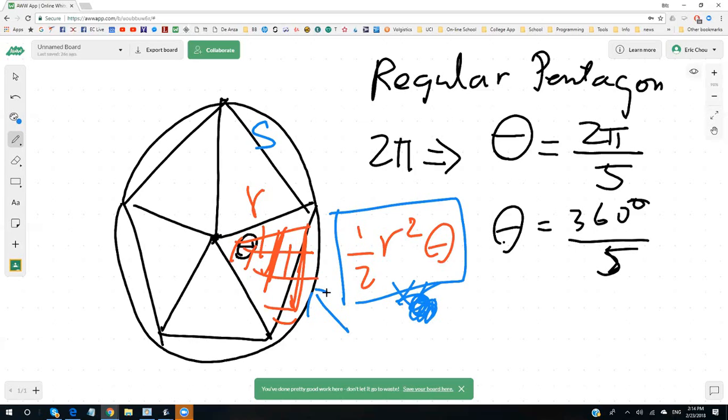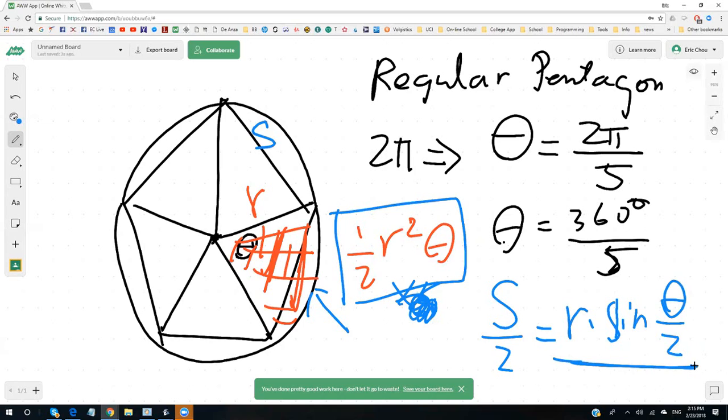So actually, s over r equals what? r times theta. r times what? Sine, oh yeah, half theta, right?